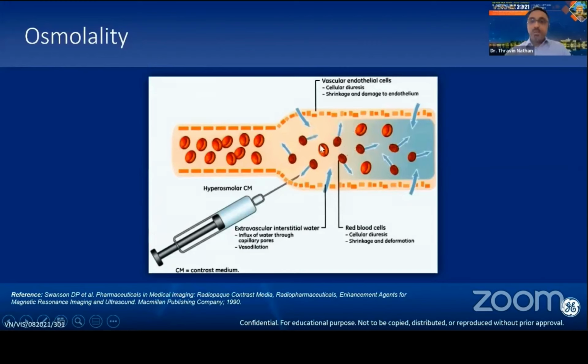This can also bring about changes in the structure of the red blood cell. Now, these changes are often associated with what the patient may experience as a flushing or a warm sensation, which usually is transient. But it can also be associated with other effects, especially when it causes changes in the structure of the red blood cells.